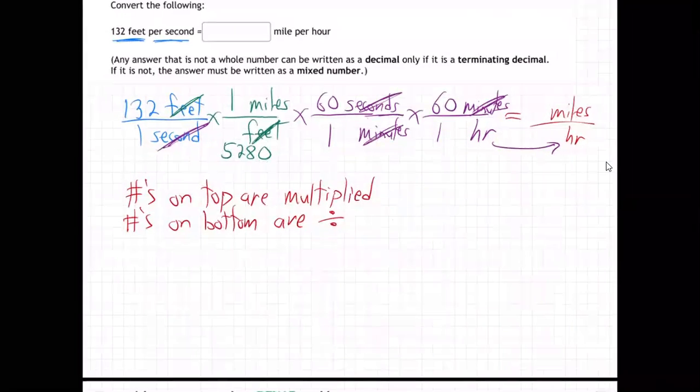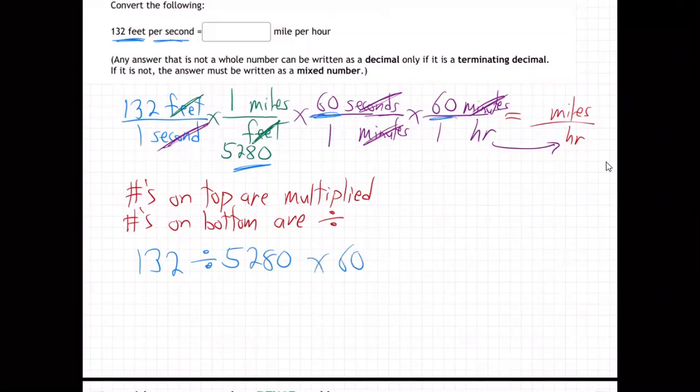You just set up the units, the words, in the right order so that they cross-cancel, and you're left with what you want. And then it'll tell you what to do with the numbers. The numbers on the top you multiply. Numbers on the bottom, like 5280, I'm going to have to divide by because it's on the bottom. 60 and 60, those are both on the top, so they're multiplied. So there we go. Just do that.